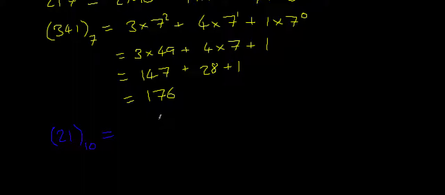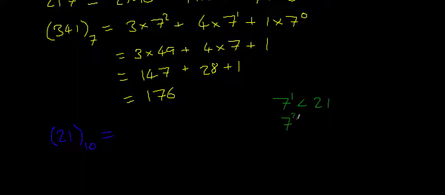So what's this equal to in base 7? What we need to do is first get an idea of how many digits our number is going to have. We'll do our working in this green color. 7 is less than 21. This is 7 to the power 1, so it's going to be at least a 2-digit number.